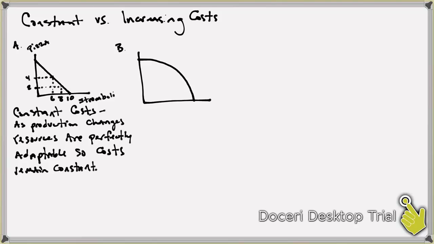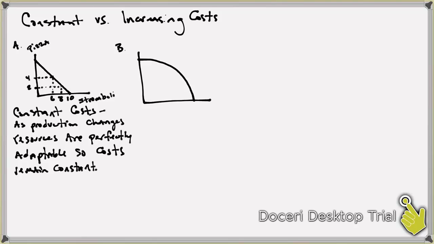And so that's what you would find. That ratio between what you're gaining and what you're giving up will always be constant when you have a production possibility curve that is a straight line. We call that constant costs. Now, we put up here a ratio of 2 to 2, right? Every time we gain 2 pizzas, we give up 2 strombolis. But it doesn't have to be 2 to 2. It doesn't have to be 1 to 1. It could be 1 to 2.